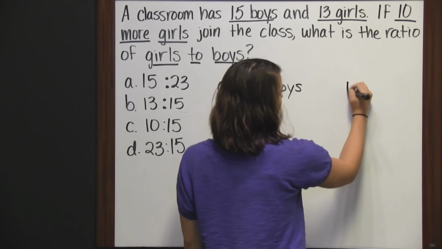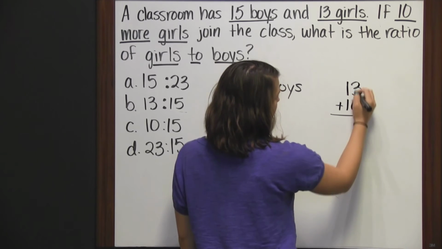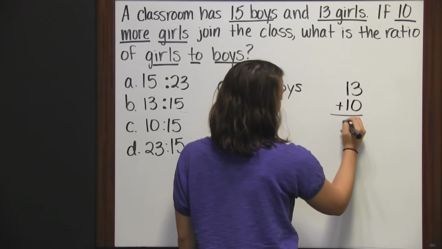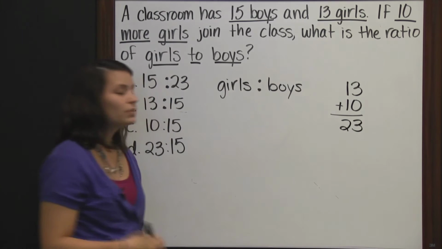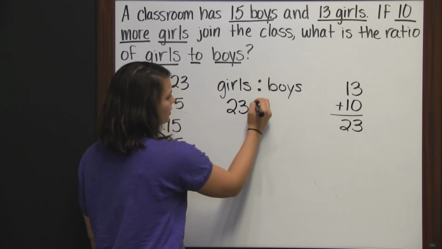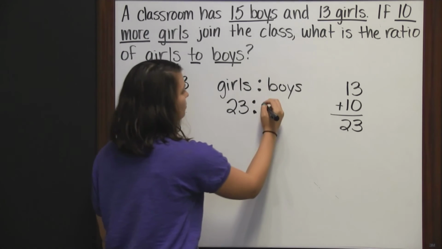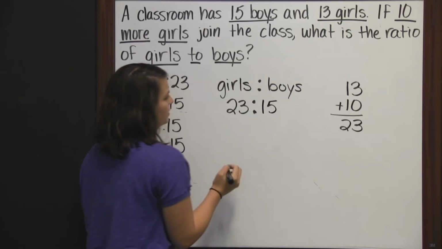So we had 13 girls, and then we add 10 more to that. 3 plus 0 is 3, 1 plus 1 is 2. Which means now there's a total of 23 girls, and then boys didn't change. We had 15 boys, so we still have 15 boys.